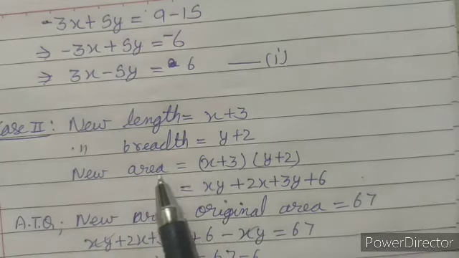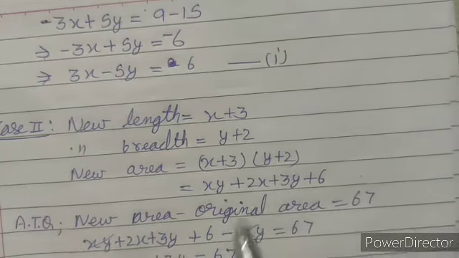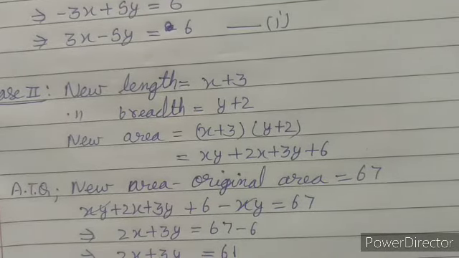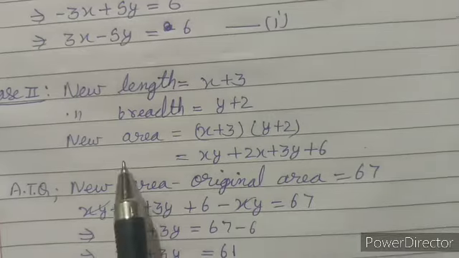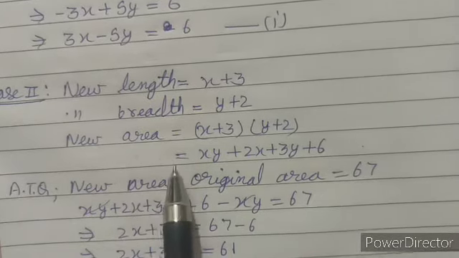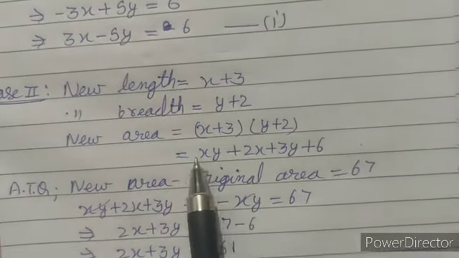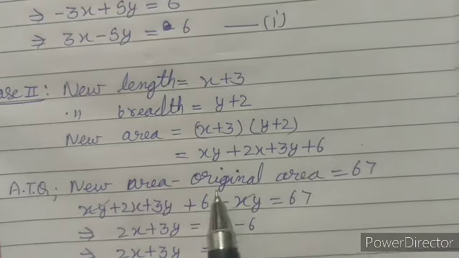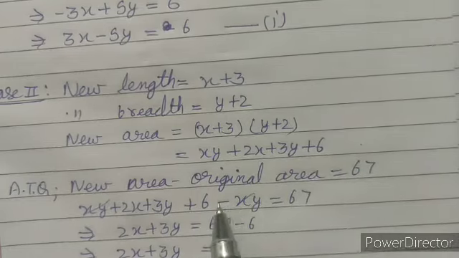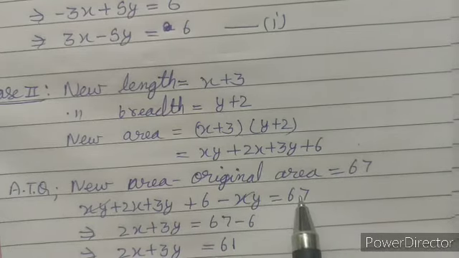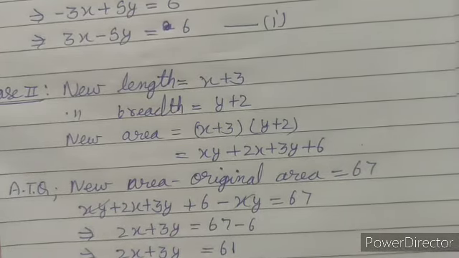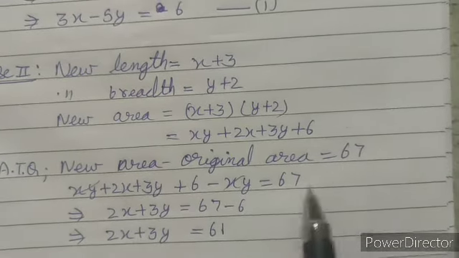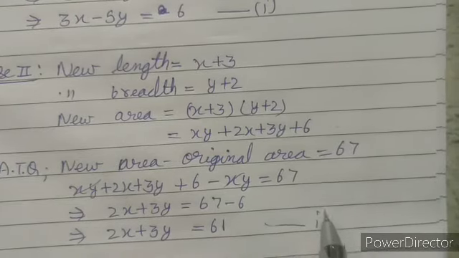So the new area will be x plus 3 into y plus 2. Now he is saying that the area increases by 67 square units. That means the new area is greater than the original area by 67. The new area was xy plus 2x plus 3y plus 6, and the original was xy. So subtracting, we are getting that equal to 67. xy will cancel out, and we will get the equation 2x plus 3y equal to 61. This is the second equation.